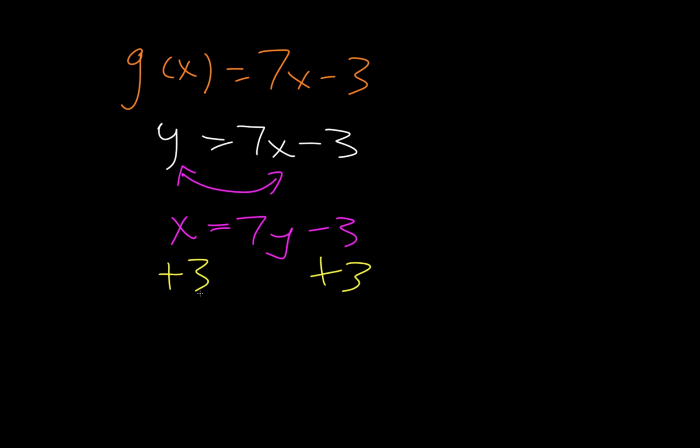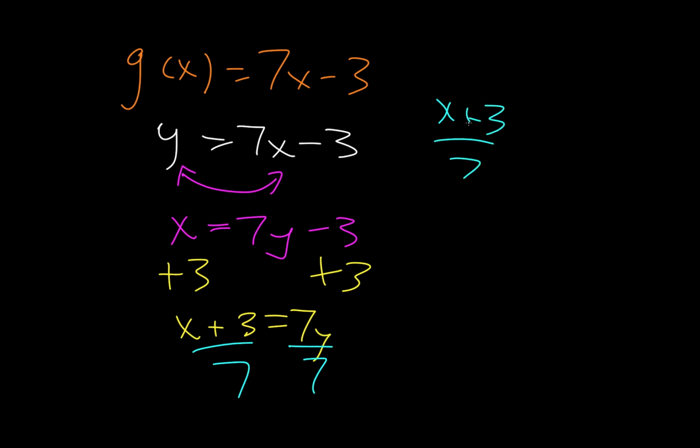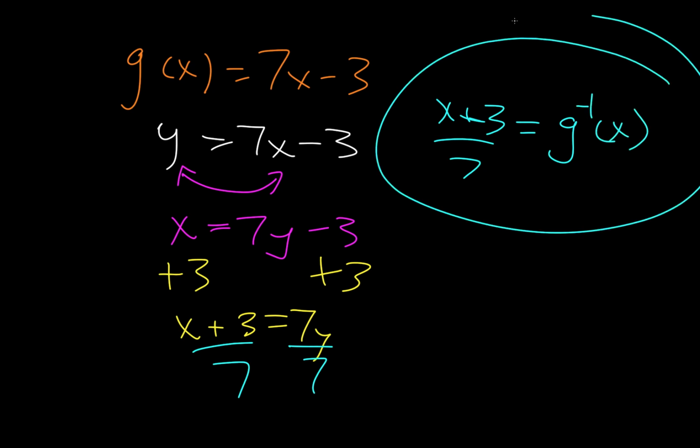So in this case, we add 3. Continue to solve for y. Divide by 7, divide by 7. And so we have x plus 3 over 7 equals g of x. But since it's an inverse, we say g to the negative 1 of x. And that would be our final answer on that one.